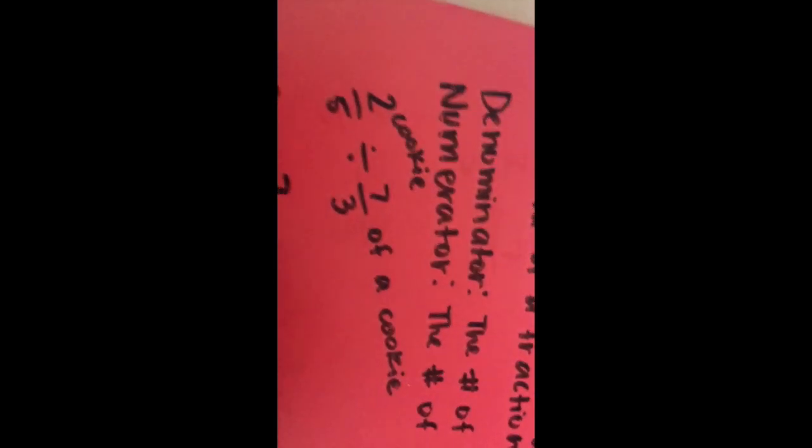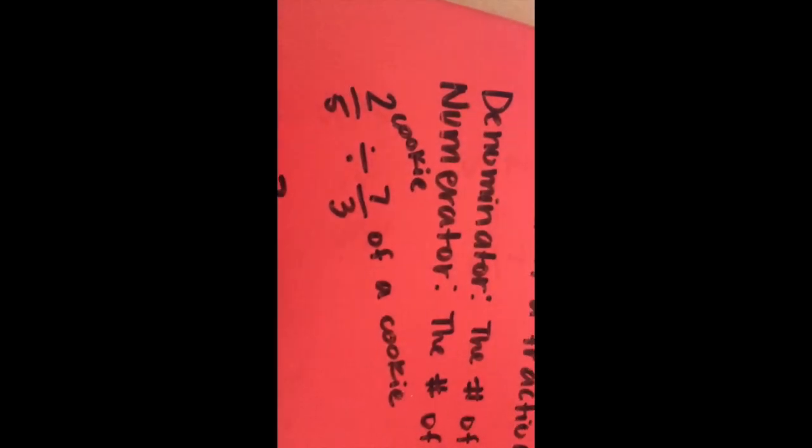So today, like I said, we're doing 2/5 divided by 7/3, and here we have our picture. We have our cookie there in squares. This represents the 2/5 because we have a whole, right? And the denominator, like we talked about, which is 5, is what the cookie is cut into. So 1, 2, 3, 4, 5.